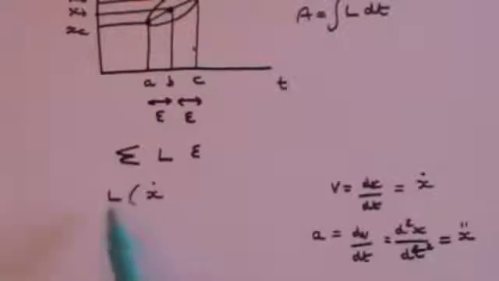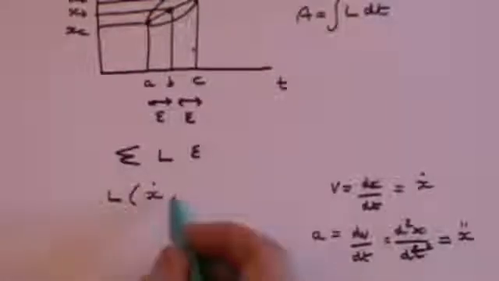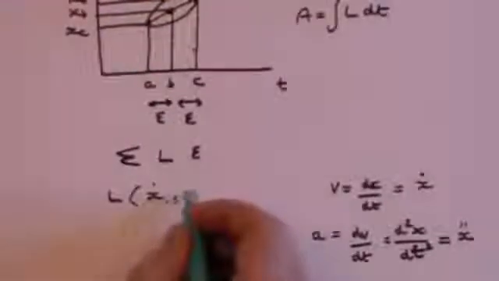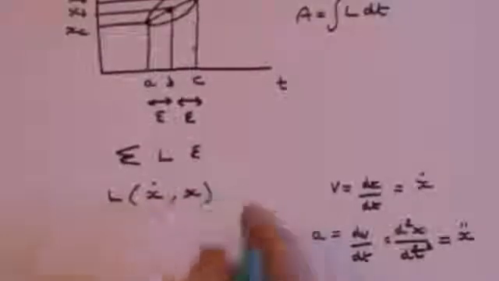So we can say that the Lagrangian is a function of velocity because it's a function of kinetic energy, and that's x dot. And we can also say that the Lagrangian is a function of potential energy, and potential energy is a function just of distance, x.